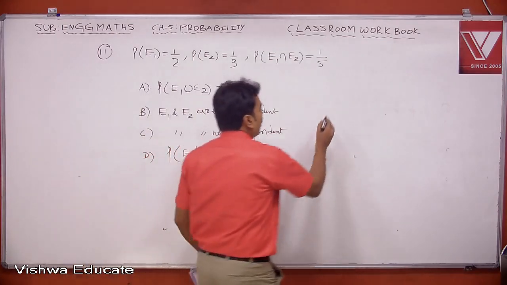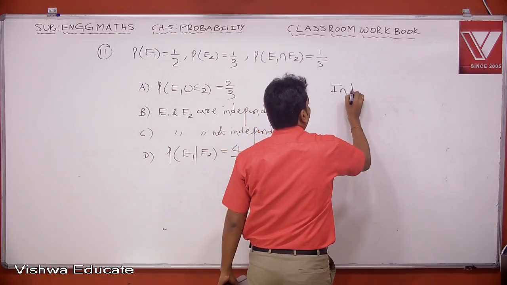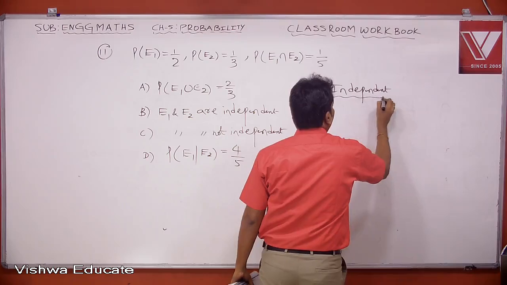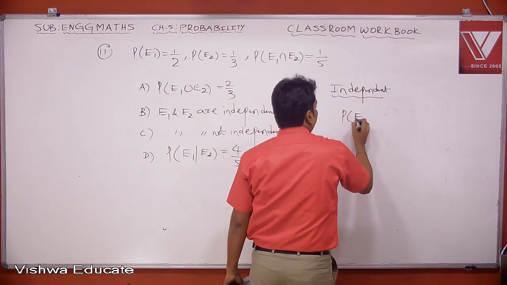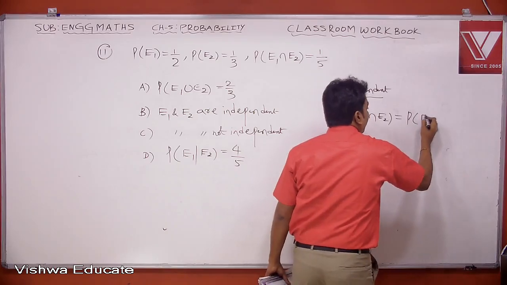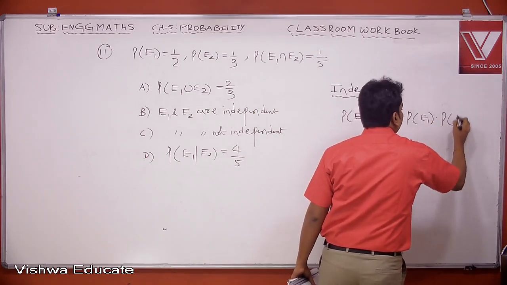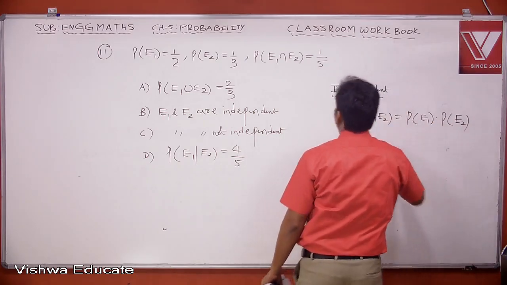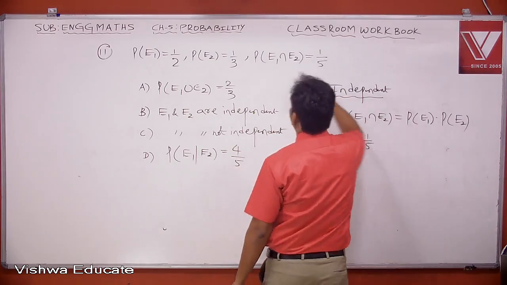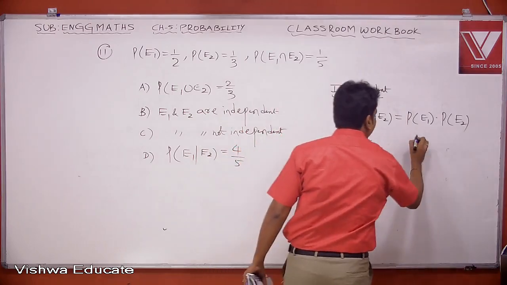If the events are independent, then what will happen? P of E1 intersection E2 must be equal to P of E1 dot P of E2. But here P of E1 intersection E2 is 1 by 5. P of E1 dot P of E2 is 1 by 6.